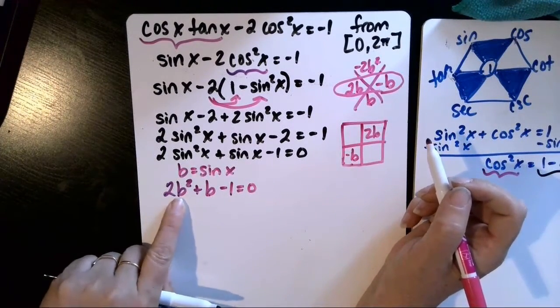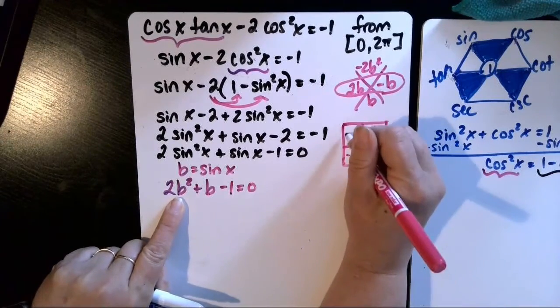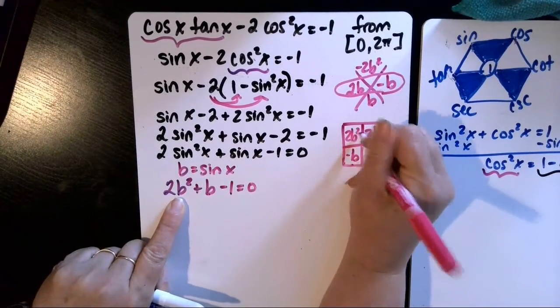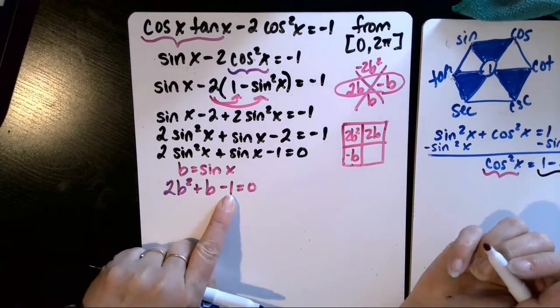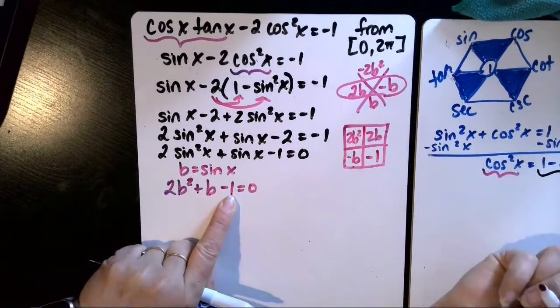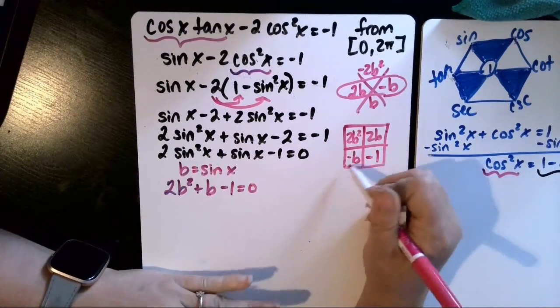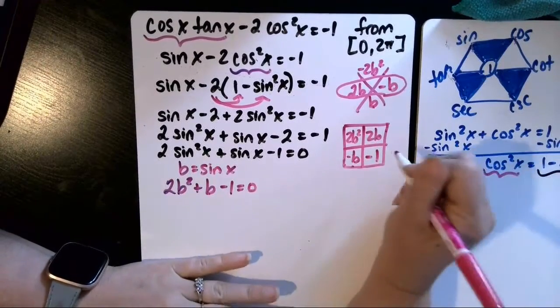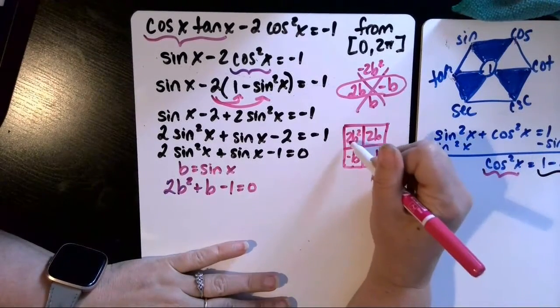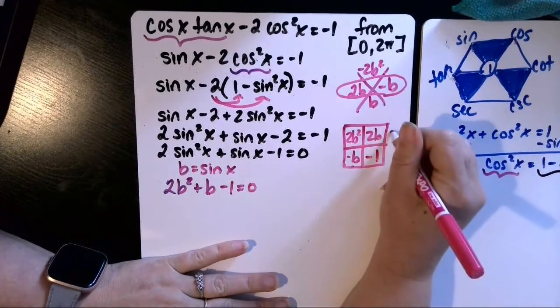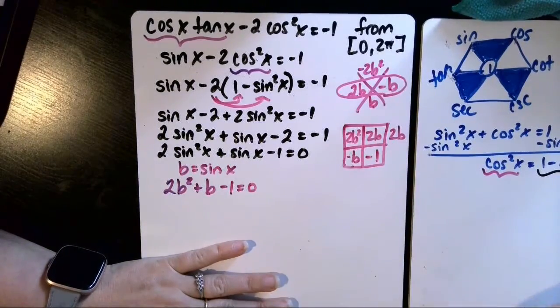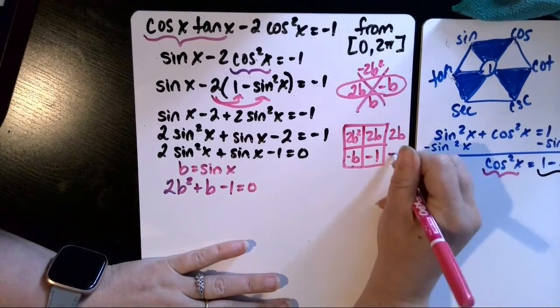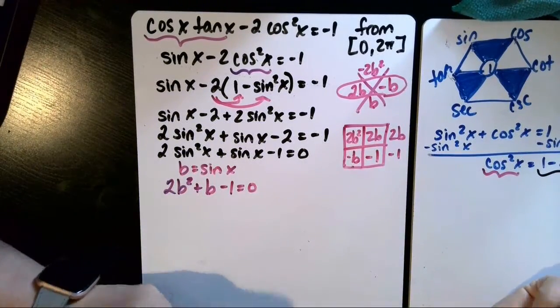Okay, then back to our original trinomial. The first term, the quadratic term, goes in the first box, so 2b squared. The constant goes in the last box, negative 1. And then we're going to go across each horizontal and up and down each column looking for the GCF. So 2b squared and 2b have a greatest common factor of 2b. Negative b and negative 1 have a greatest common factor of negative 1.